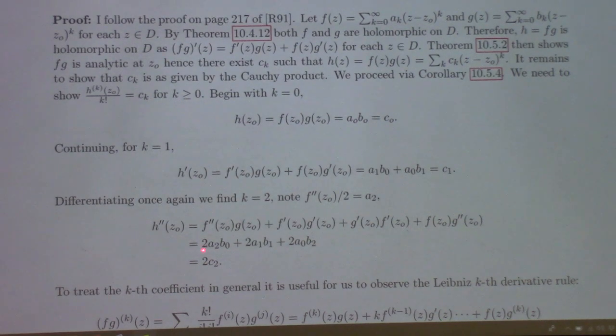How about the second term? Well, the second term in the Cauchy product looks like this: 2a2b0 plus 2a1b1 plus 2a... Something is amiss here. Is that right? That doesn't feel right. You have 4 terms.